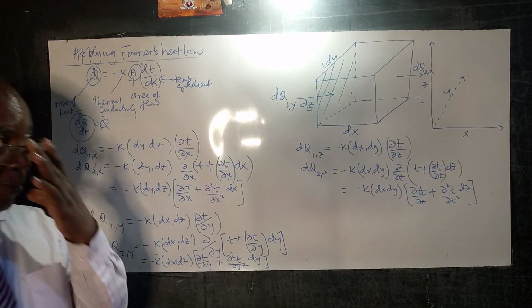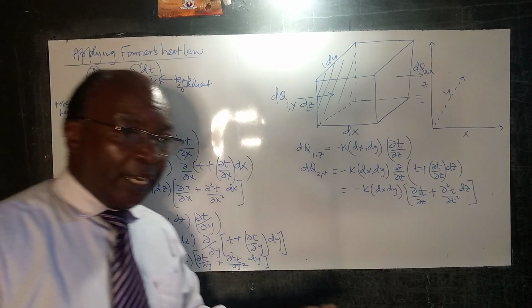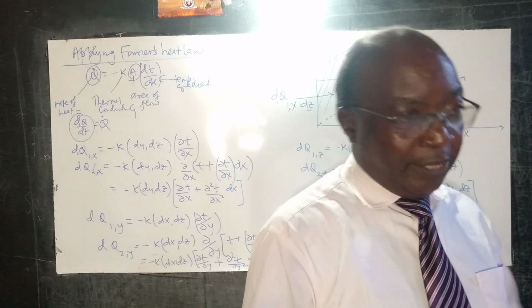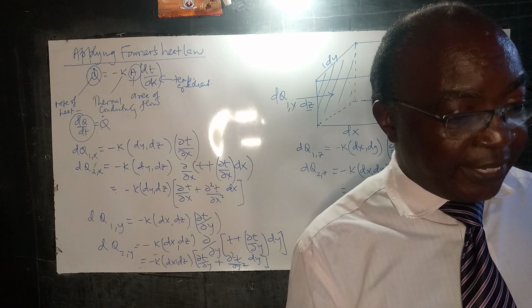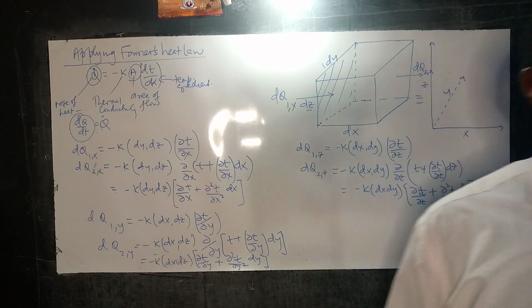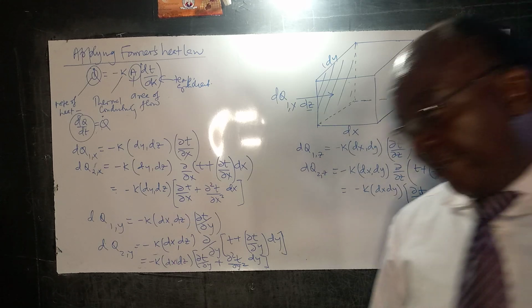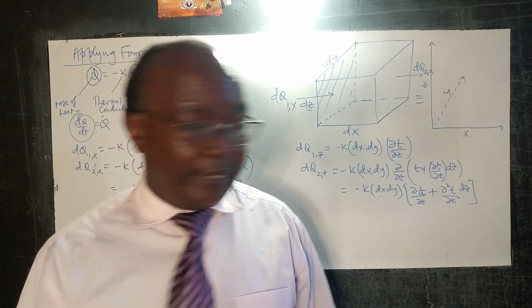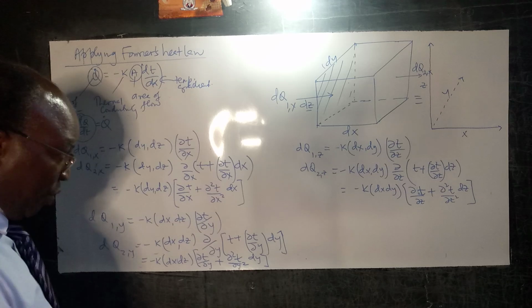So we're in good shape. I repeat, when you're dealing with three-dimensional heat conduction, we are not talking of just the temperature changing along some one axis. Now we are dealing with a temperature field. Very important for us to note that.